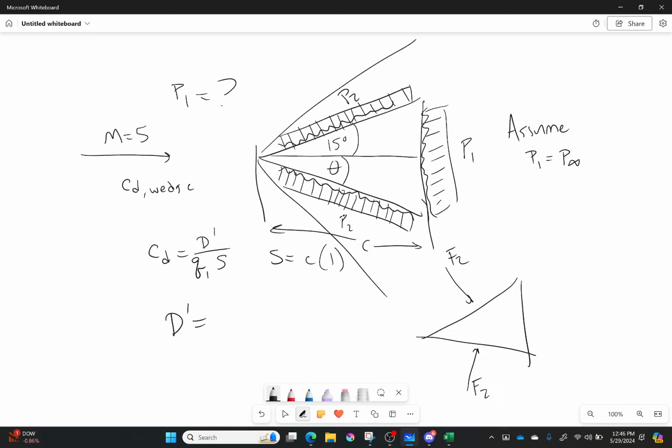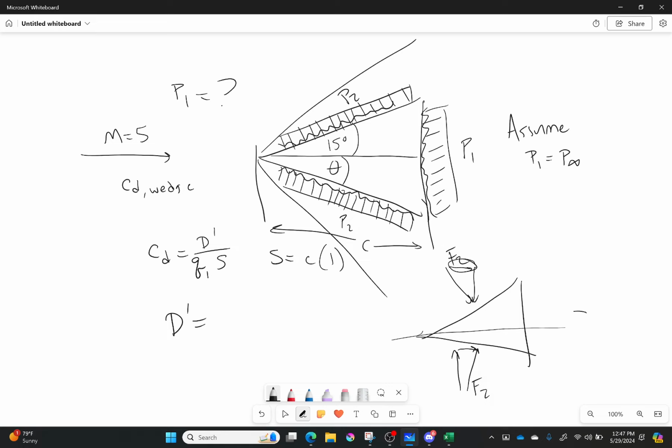It's going to have a component that is pushing up or down, which is going to cancel each other out. So it's going to have this vertical component. It's also going to have a horizontal component. And since this is perfectly symmetric, those vertical components and those horizontal components are going to be identical. Now, which of those components actually leads to drag? Well, it's the horizontal component.